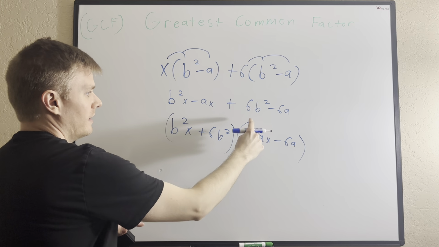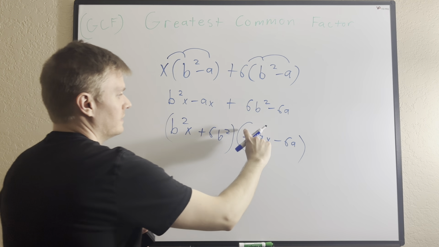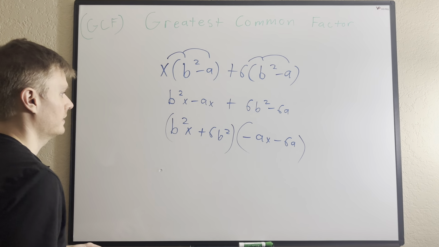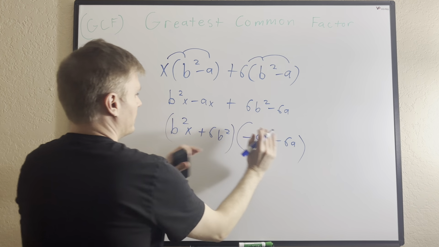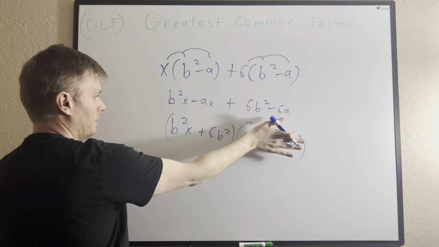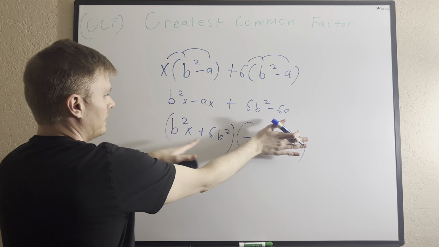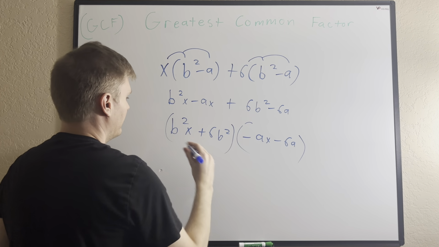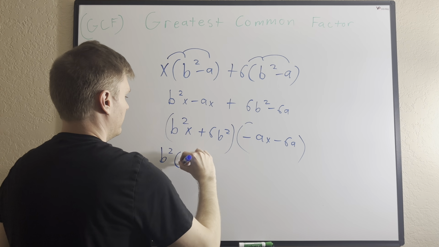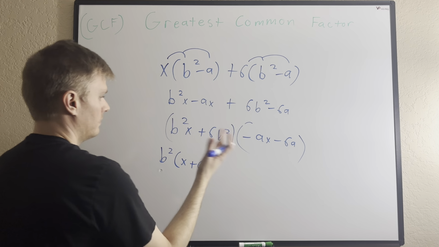And there's a reason why I put that parentheses around this negative sign there. But first of all, let's just look at this number here. Forget about that one. Greatest common factor. They both have a b squared, right? So let's just take out that b squared. B squared times x plus 6.